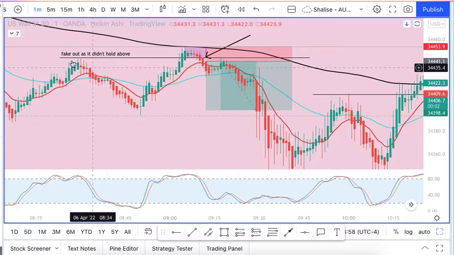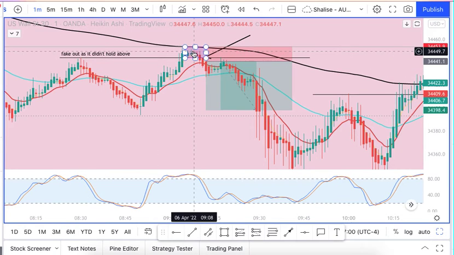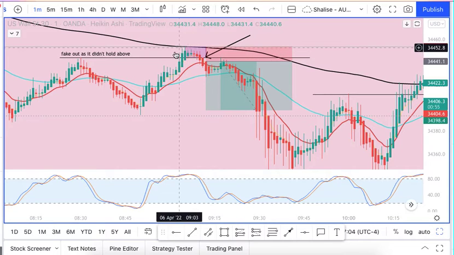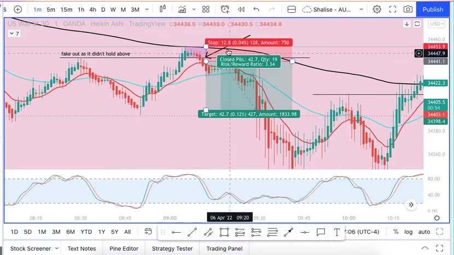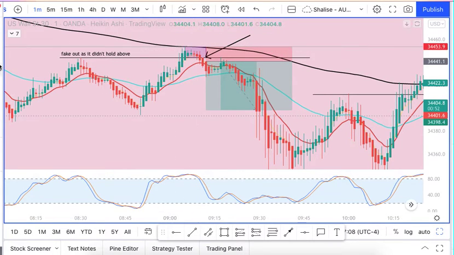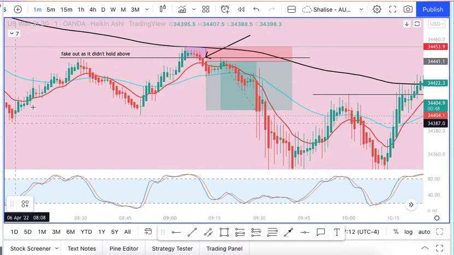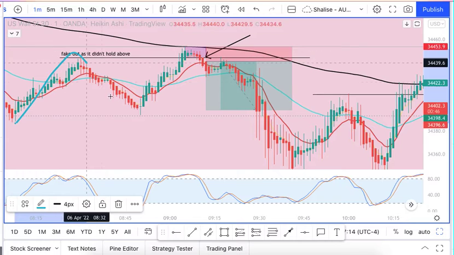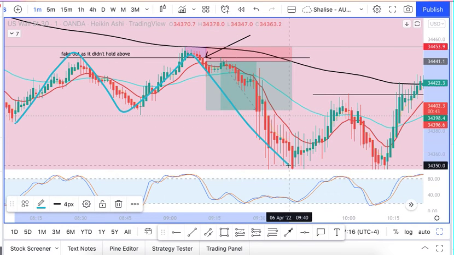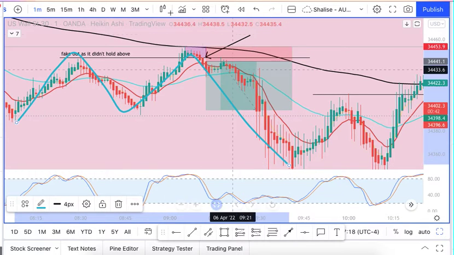And I didn't speak about this. So after we came above this high, we didn't hold above. So you can consider this push above the high as a fake out. Okay. Also, what do you see forming here? An M pattern. Okay.